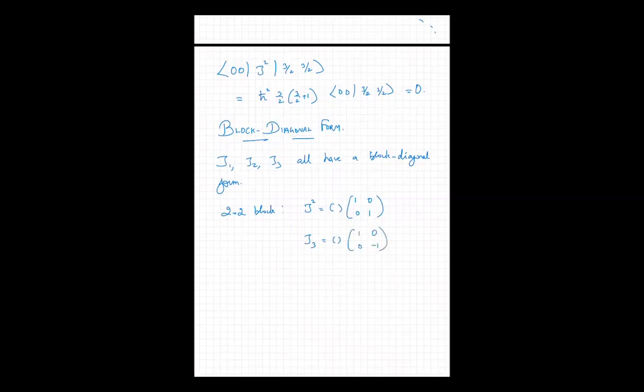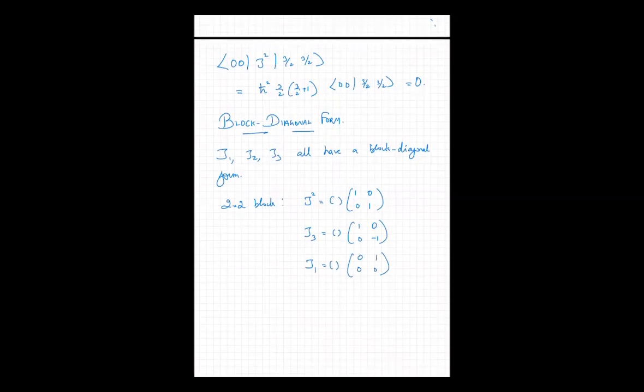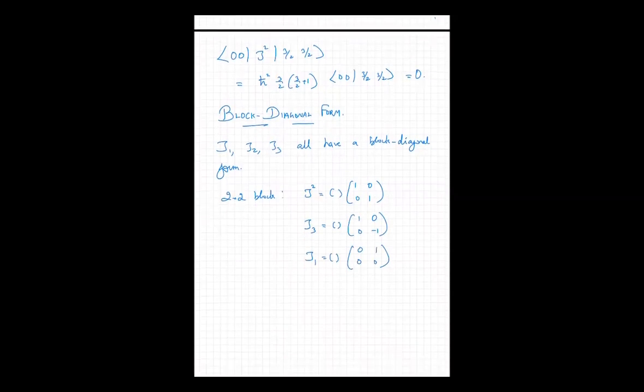But the J1 2 by 2 block is going to be something like 0, 1, 0, 0 or something like that, right? So how the elements are dispersed within this 2 by 2 block is different. J square and J3 within each block are going to be diagonal matrices, because these are basically the eigenvectors of J square and J3, and within each block, J square and J3 should be diagonal matrices.